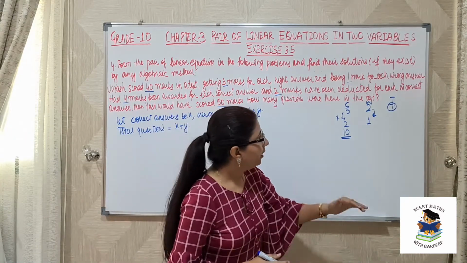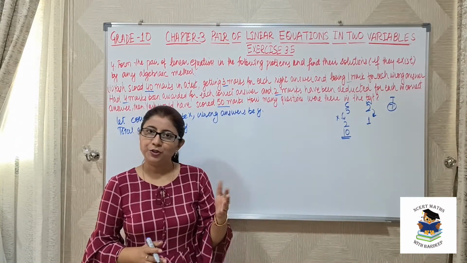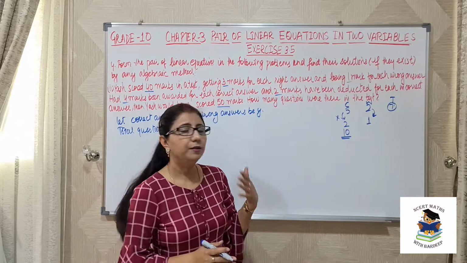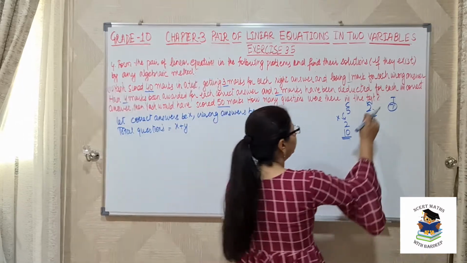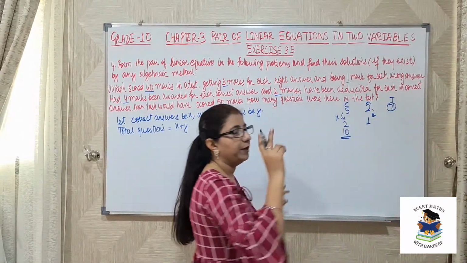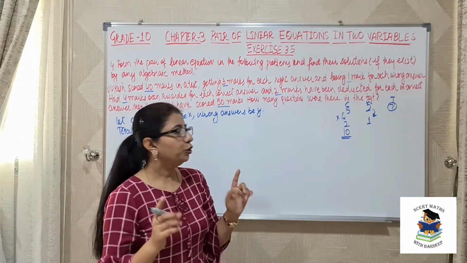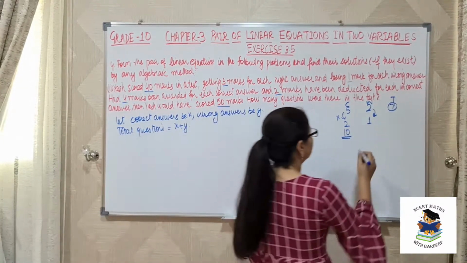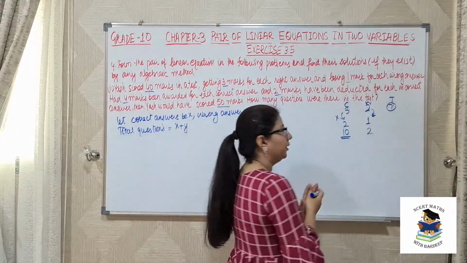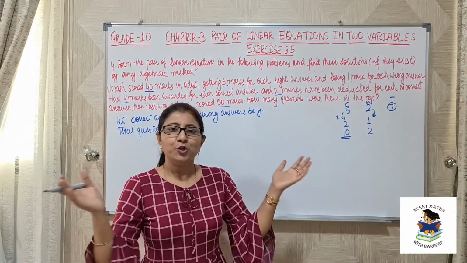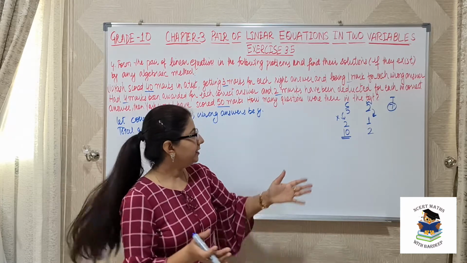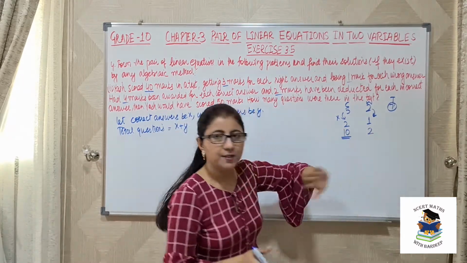For every wrong answer, 1 mark is to be subtracted. Total wrong answers are 2, so 2 into 1, that is 2 marks are to be subtracted. What is the total marks that child has?